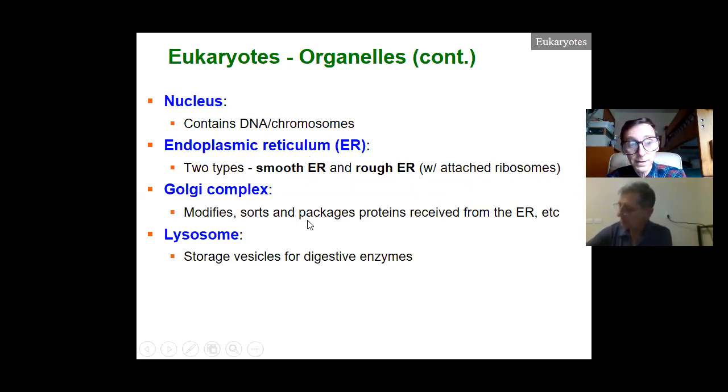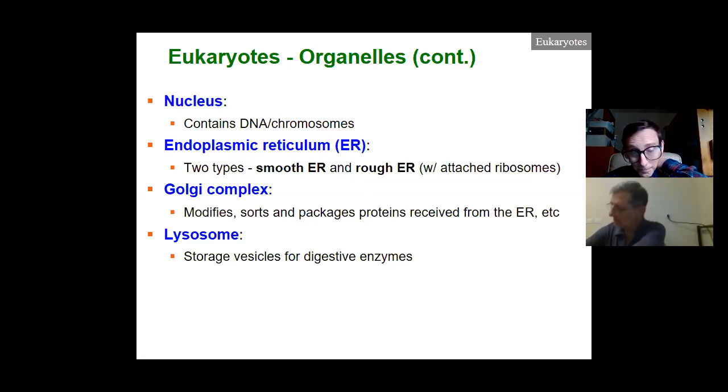The Golgi complex modifies, sorts, and packages proteins received from the ER, meaning the ER first makes proteins, mainly the rough ER, with ribosomes. Some of the proteins could be made in free ribosomes in the cell, but the ones that are modified by the Golgi complex tend to be made by the rough ER, and then those are packaged into vesicles and shipped to the Golgi complex.